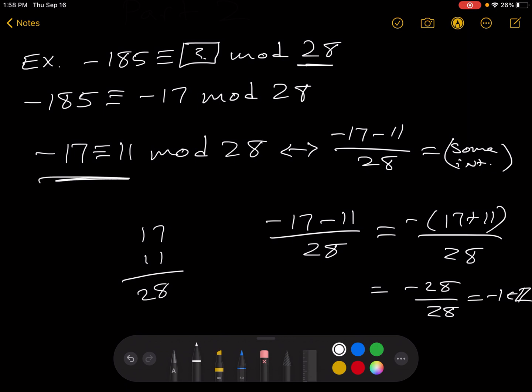So now we know that's correct, and the answer is 11 mod 28. That's how I would approach this.